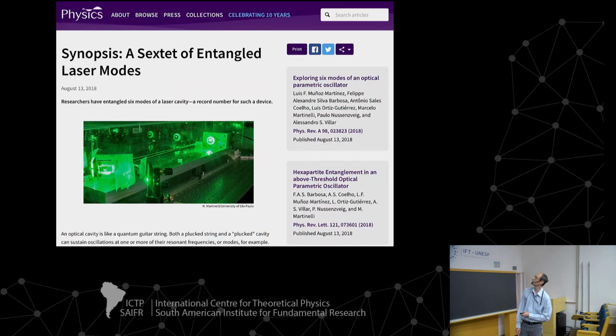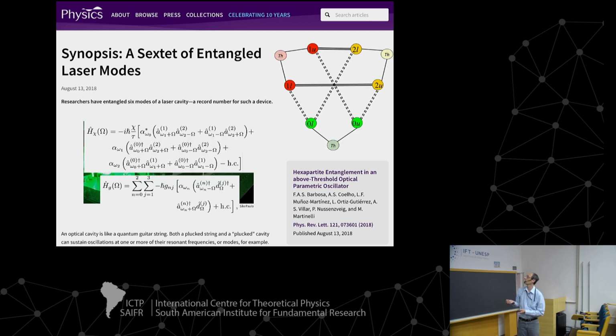Things can be even further complicated. You can have 6 entangled modes if you look into the details of the sidebands. So if you take the Hamiltonian and look in the details of those sidebands, either plus or minus omega of the carrier frequencies, that's the nice part, that trilinear Hamiltonian becomes a set of bilinear terms and a trilinear term that has no driving field.